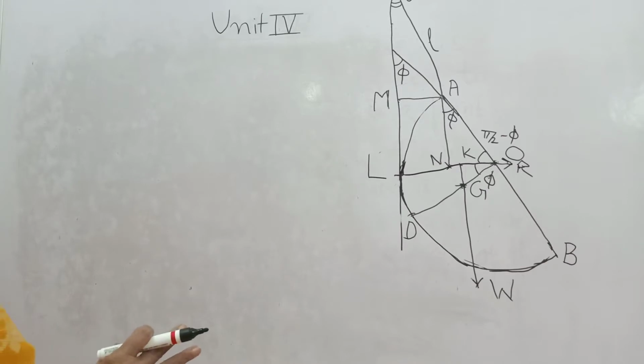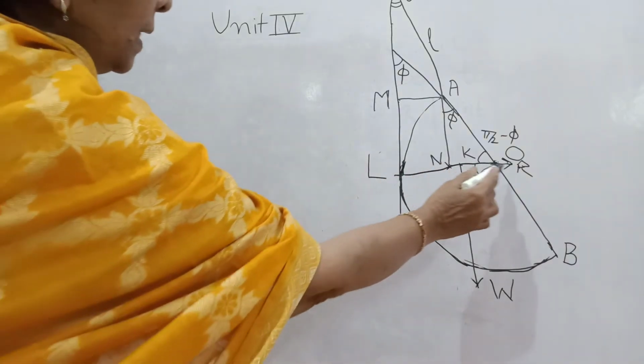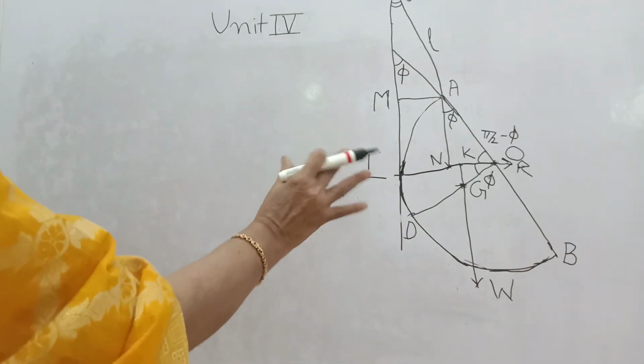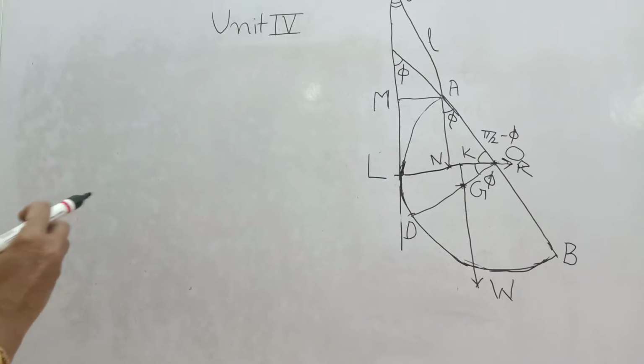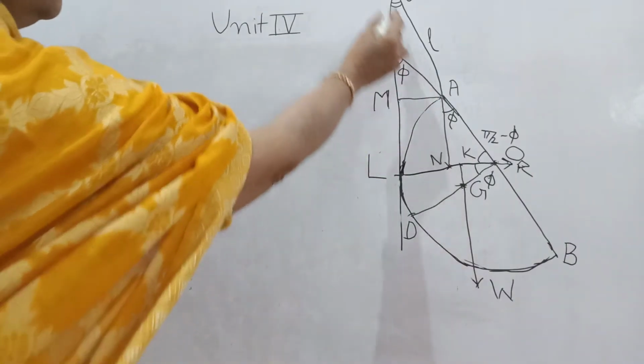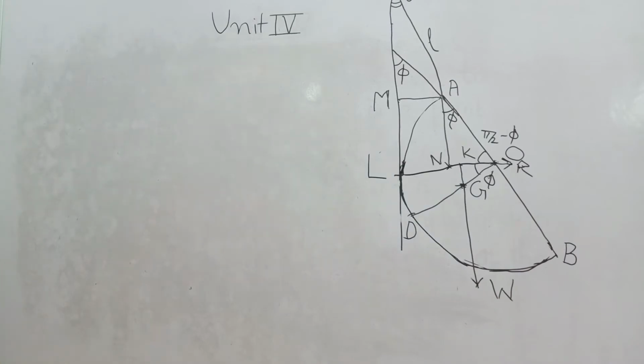The next point is this normal reaction will do no work because it is perpendicular, and normal reaction does equal and opposite work and they cancel each other. Now the third is the tension in this string, but in this particular question this tension is also not going to do any virtual work.